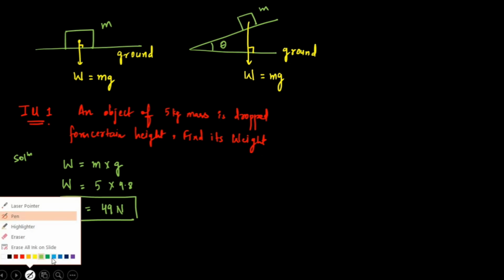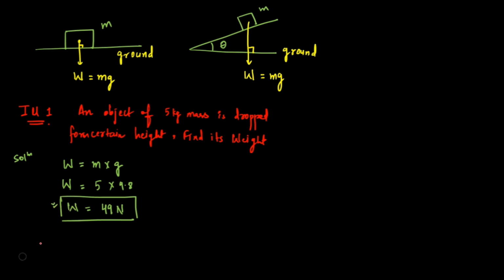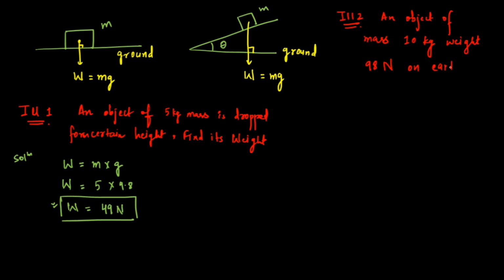Similarly, let's do another question. The question says an object of mass 10 kg weighs 98 newtons on Earth and 45 newtons on a certain planet.